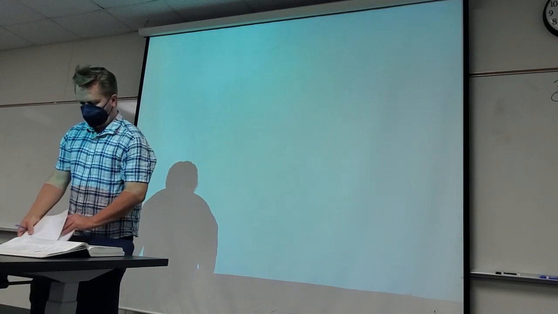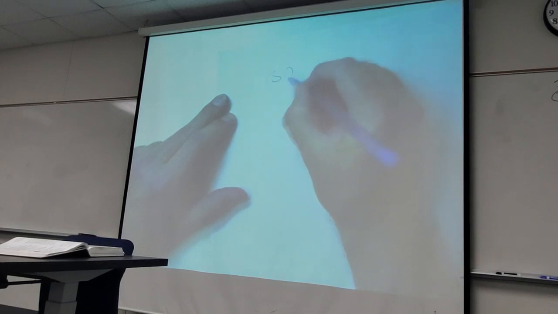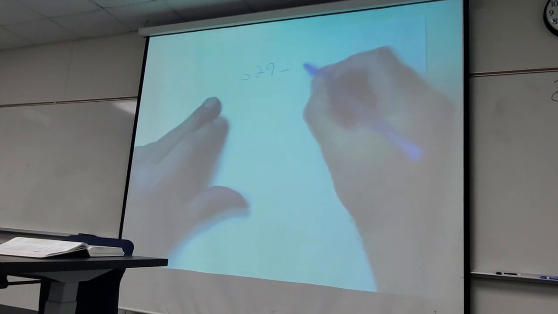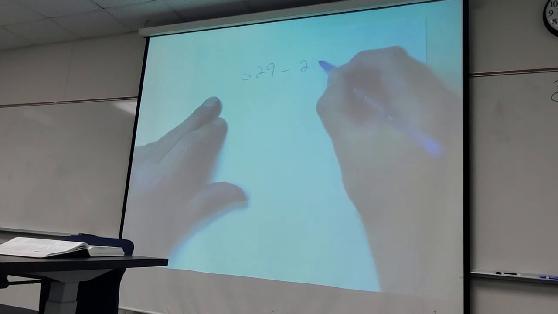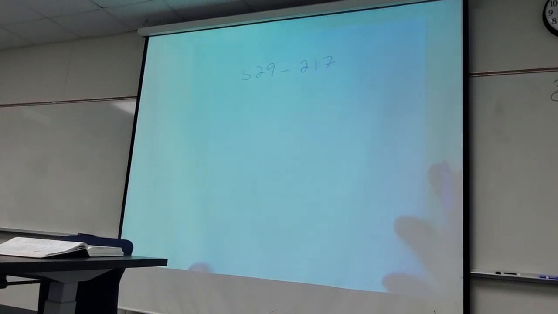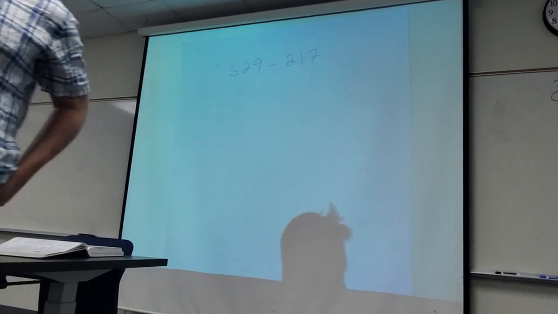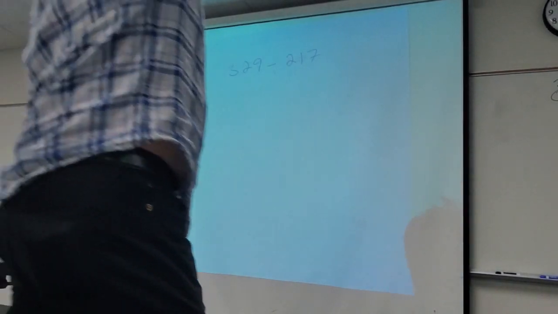I want you to set up this problem. 329 minus, what do you got, Jeff? 217. So we'll do that first. We'll start off nice. So try to set up 329 and then figure out, using the manipulatives, how to subtract 217.